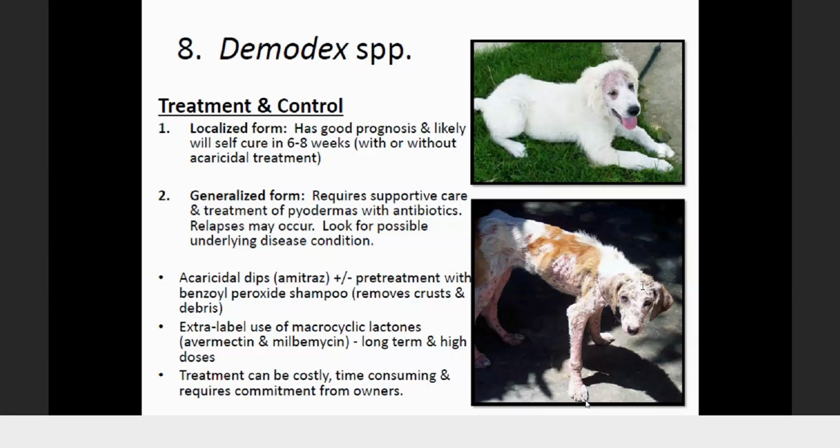Longer and with high doses. Okay. That's what it means by drug abuse. And then treatment can also be time-consuming and requires commitment from the owners.